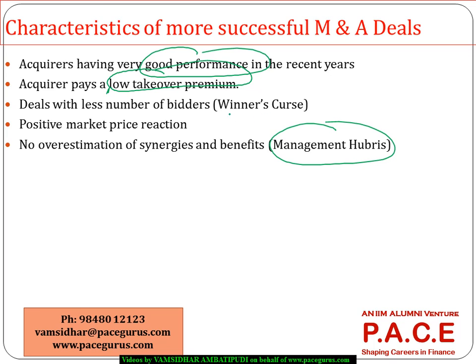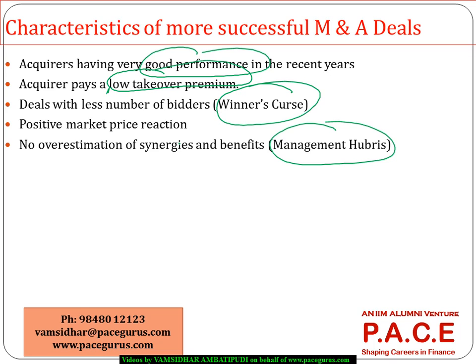And the deals where more bidders are not there, because more and more bidders result in heavier premiums being paid, which finally ends up as a winner's curse. I mean, though I am a winner, probably I am winning it at a very huge burden.